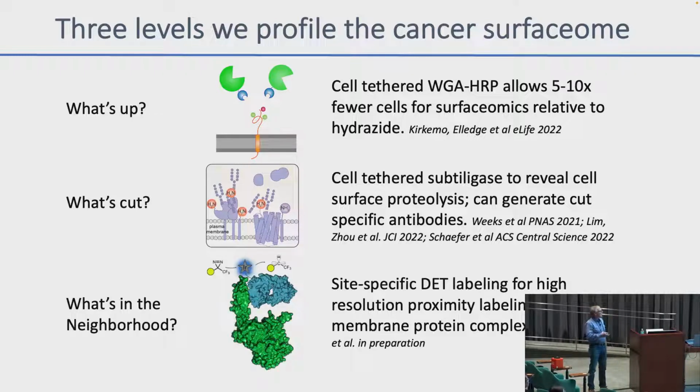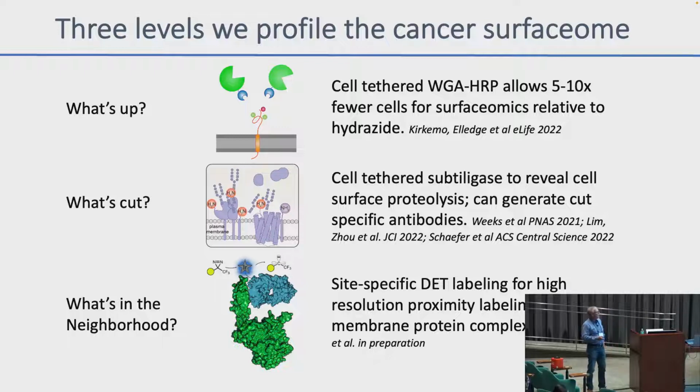And that's an area that we're also very much interested in, which is the what's in the neighborhood theme, which is what are the protein complexes that change during oncogenesis and during signaling and things like this.